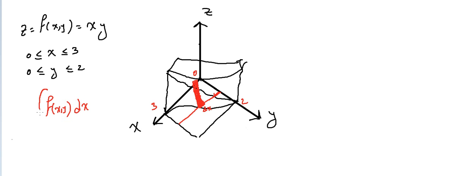It's the integral from 0, which is the lower x bound, to 3, which is the upper x bound, right? And when we find this, we also need to multiply with dy, which is this part over here, and we will have a solid volume over here.